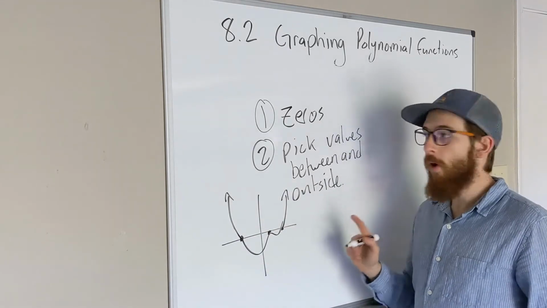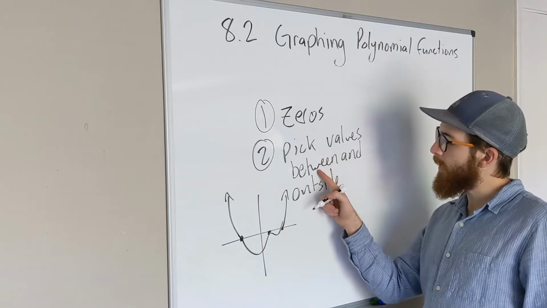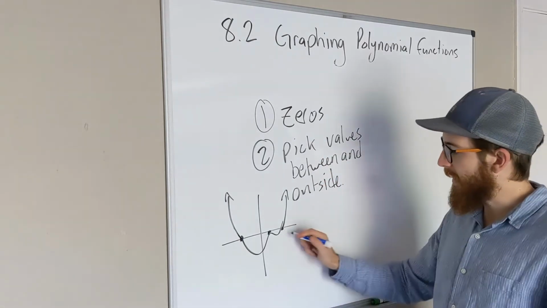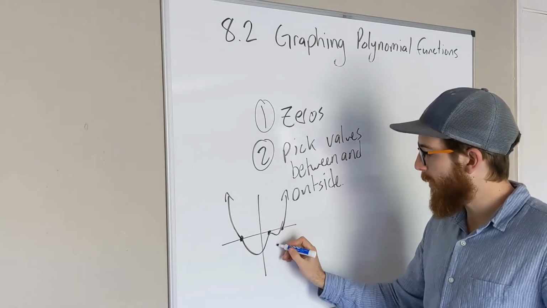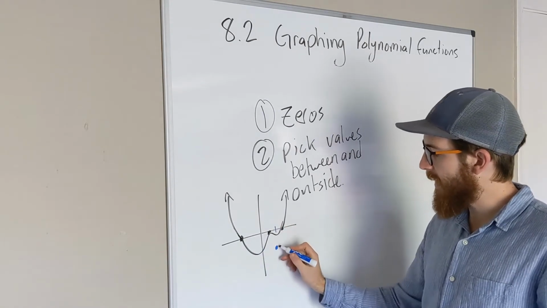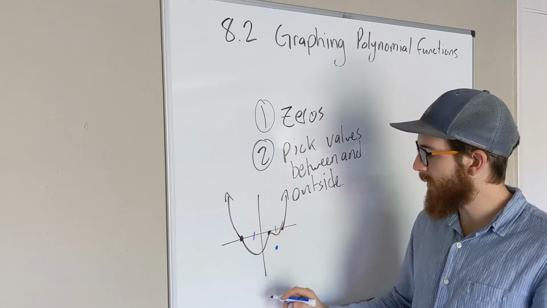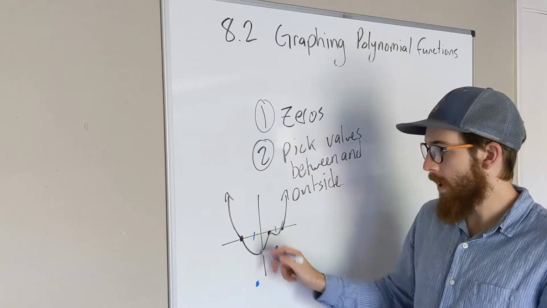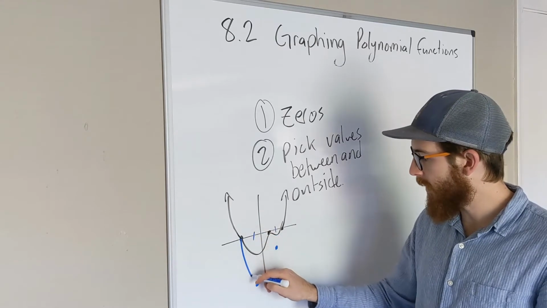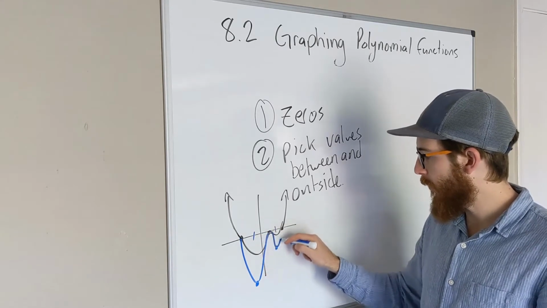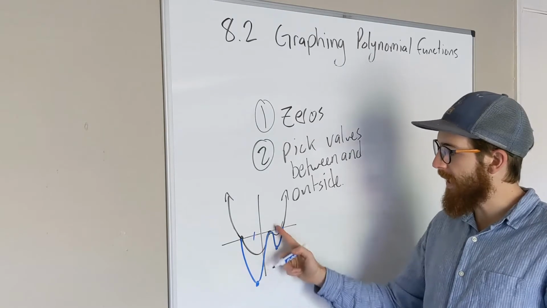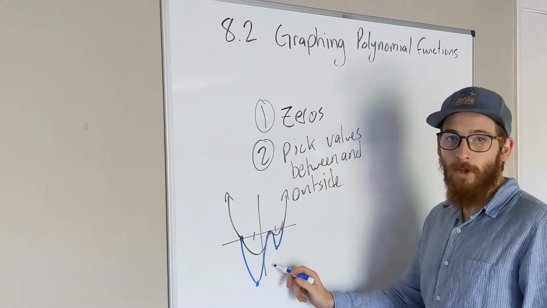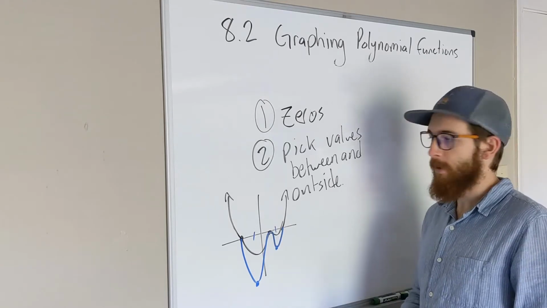But what we want to do by picking values between is say, instead of just guessing at what happens here, if I pick a value in between these and it lands here, and I pick a value between these and it lands here or wherever, then now I have a more clear picture of what happens. Instead of me guessing, now I have a very clear picture of what's happening. And the more points you put on this, the more clear that picture becomes.